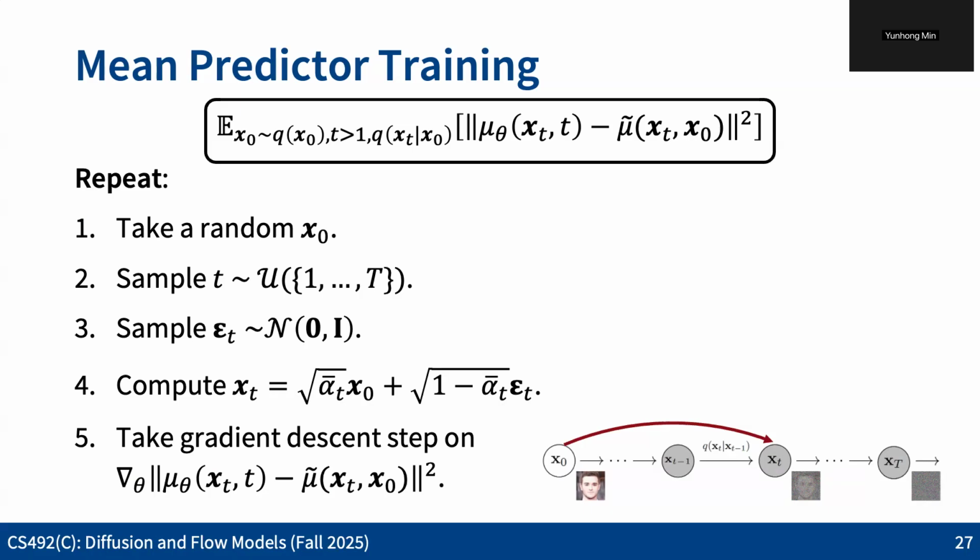Then we can just follow it one by one. We sample the x0 here, then sample the time t, and then sample the xt from this distribution, right? Because you can say that this is the reparameterization of this Gaussian distribution.